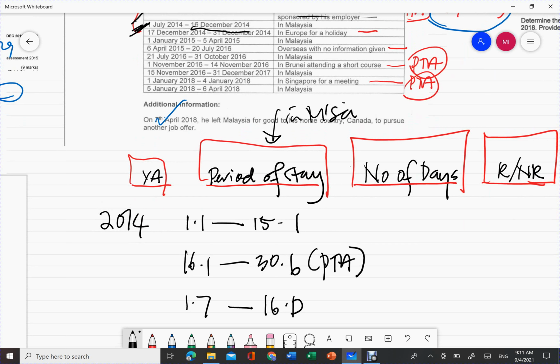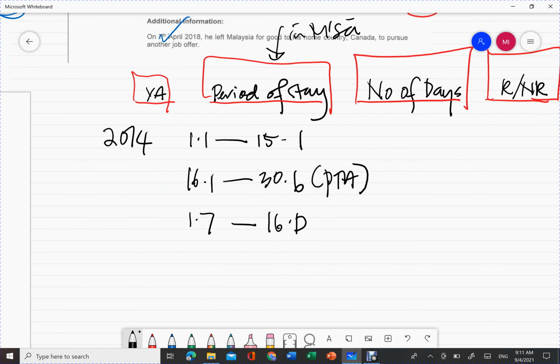Where he was not in Malaysia, do not write. But this one I write because even though he was not in Malaysia, by virtue of section 7(1)(b) we deem that he was in Malaysia, because it is a permitted temporary absence. So that is done for 2014. There is still 17 December, which is in Europe for a holiday. 17 December to 31 December he was in Europe for a holiday for 15 days. It is not a permitted temporary absence, right? So that period does not need to be written here, because as I said earlier, we only write the qualifying periods. So settle this one. Later you draw a line to make it easier.